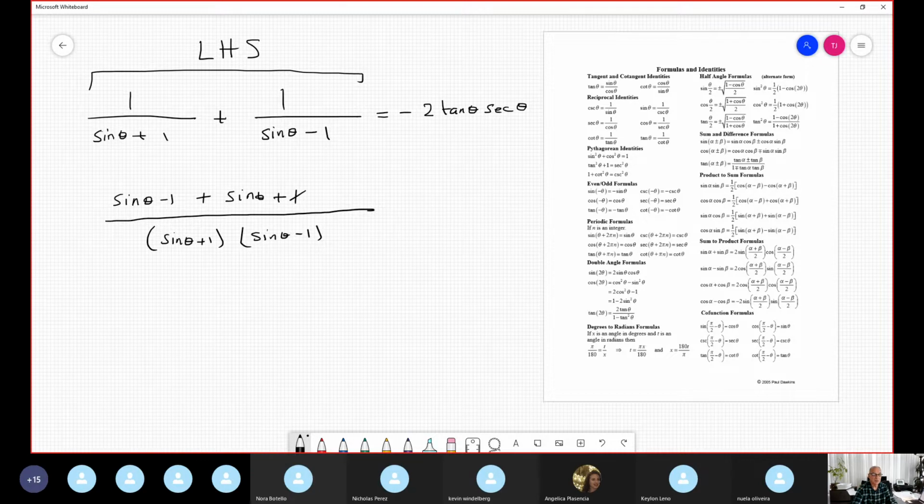And this negative cancels; this one positive and this one negative cancel. Combine sine plus sine is 2 sine. And the denominator is the famous multiplication, which is sine square theta minus 1. Yes or no? The difference of squares is a conjugate. They are a conjugate.